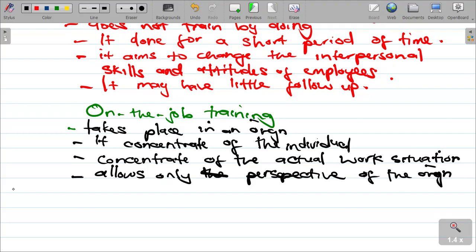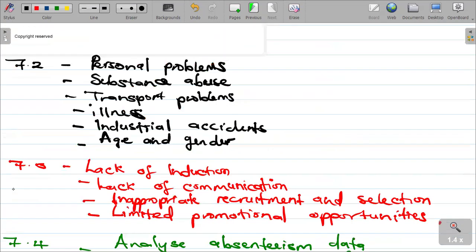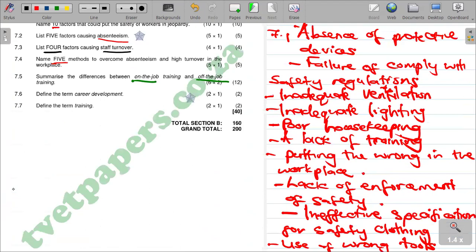So let's go to 7.6. Define the term career development. Career development, right?